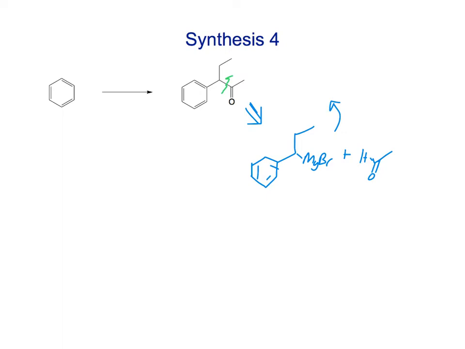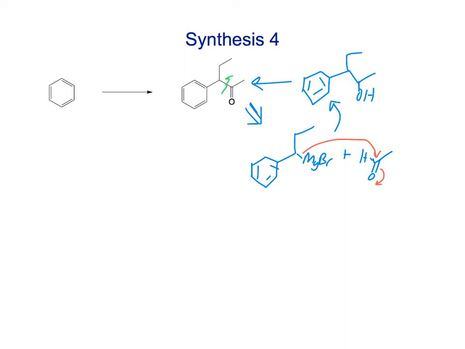When this Grignard attacks over here, these electrons are going to go up onto the oxygen, and then we protonate that. So a Grignard with an aldehyde always gives us an alcohol. So we're going to get to here. And then how do we convert that alcohol into the ketone?